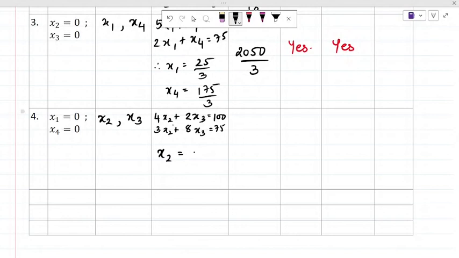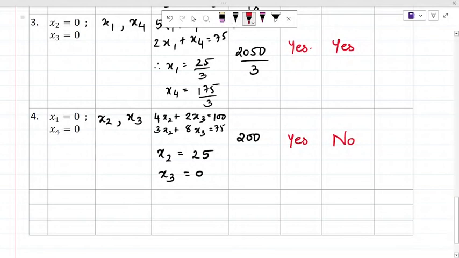Correct? X2 value is 25 and x3 value, let us see what do we get. X3 value is 0. So we are now in a very easy position. We have got 25 into 8. Again this is 200. Okay, so yes, this is a feasible solution, but it is not a non-degenerate solution. We will have to say no because one of the values is 0 over here.